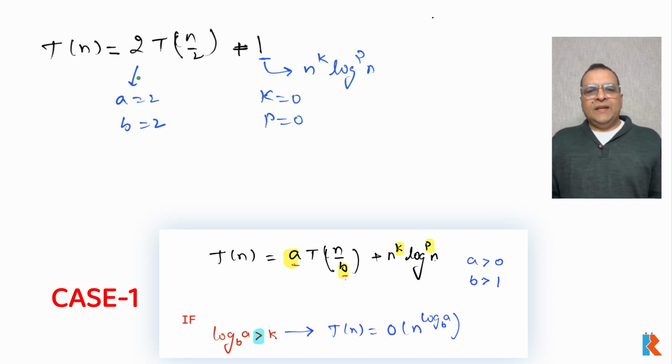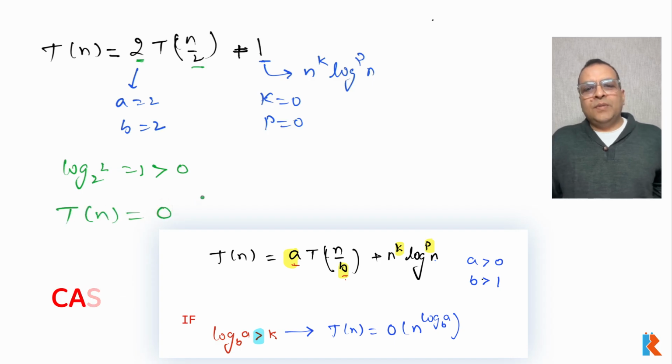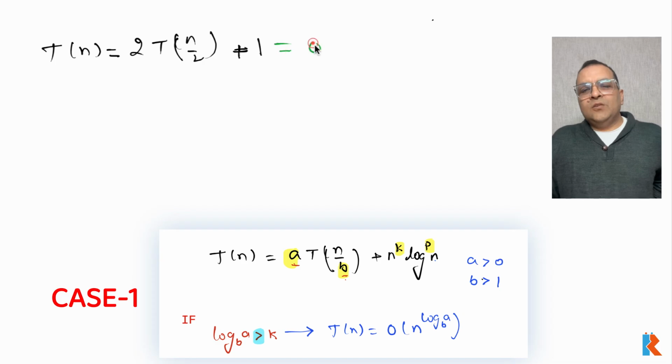So first we will find log of 2 to the base 2. Now we know that log of 2 to the base 2 is equal to 1. If you compare it with k, this is greater than k, which is equal to 0. So because this is greater than k, we can conclude that T(n) is equal to big O of n raised to the power this value, which means n raised to the power 1. What if we have an equation like this?